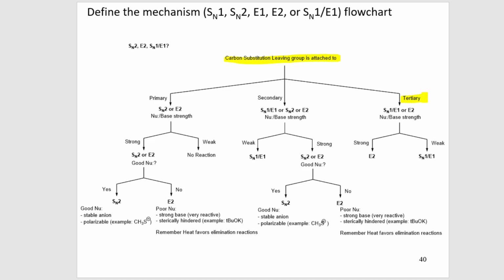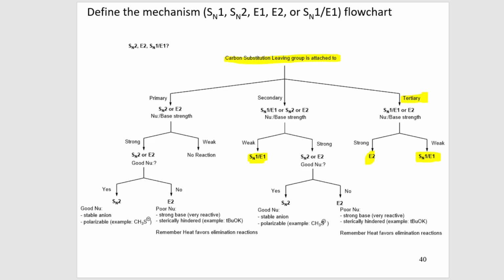Then you want to look at the nucleophile/base. If it is strong, then you're going with E2. If it's weak, then you're doing the SN1/E1. Notice that the SN1/E1 is always together. You can't distinguish between them. So, nice little chart to help you along, especially when you're not given the mechanism to employ.